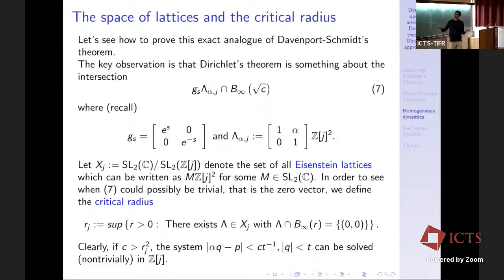You'll see that it is invariant under g_s and it has a probability measure. Okay, so it's not the set of all Eisenstein lattices, it's some subset that we can work with. So we're going to define this critical radius. It's going to be the supremum of R such that there exists some lattice Lambda in X_J with Lambda intersect B_infinity(R) trivial.